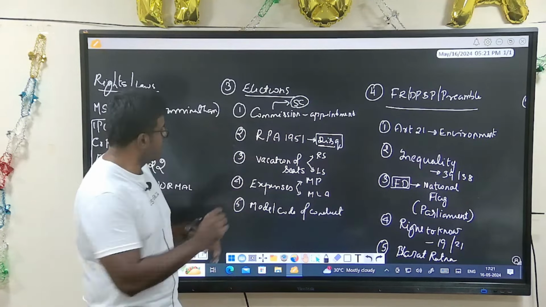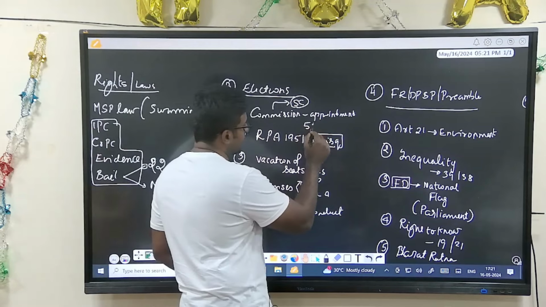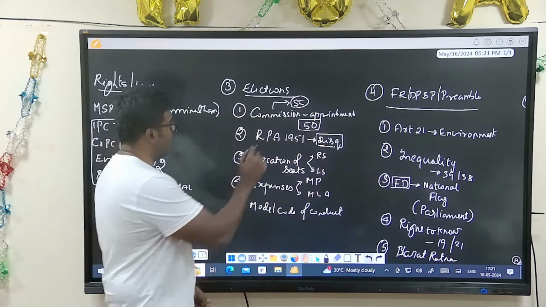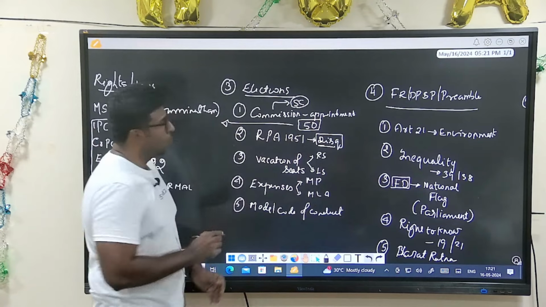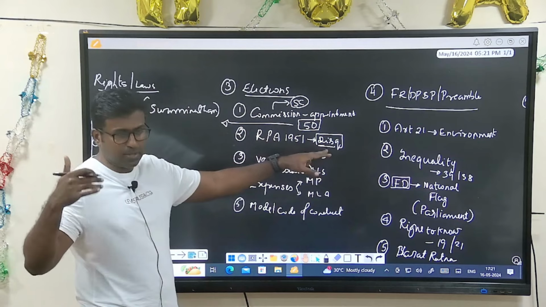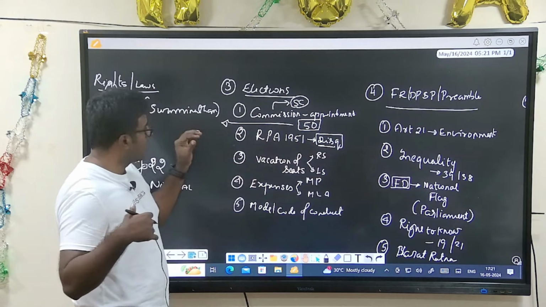Representation of People's Act 1950 also please add it, because the election process has undergone changes. Please check, for example, what are the disqualifications I said, Rahul Gandhi and the other people were disqualified.